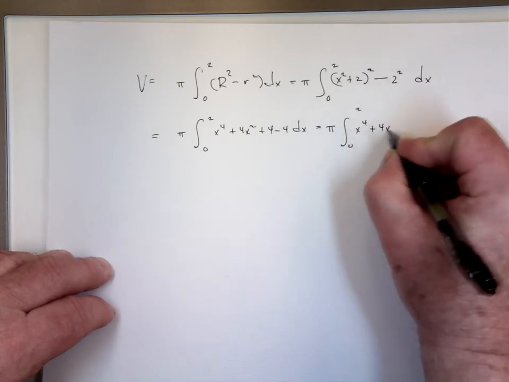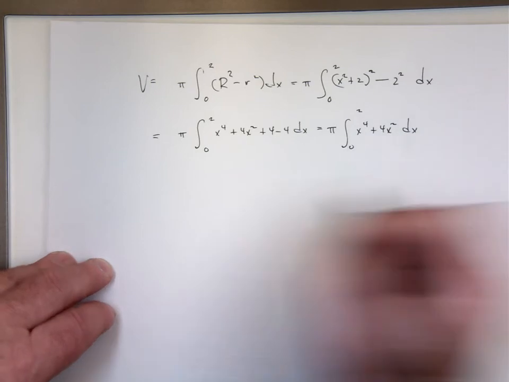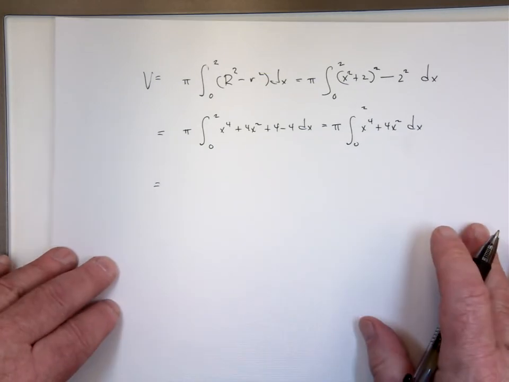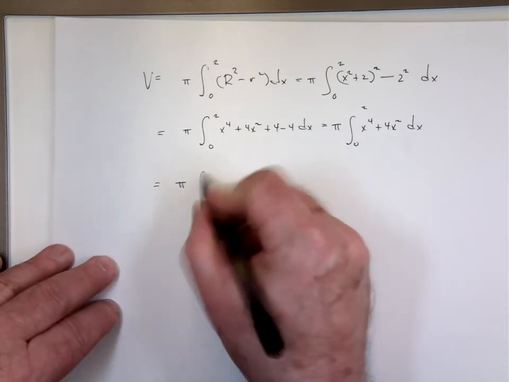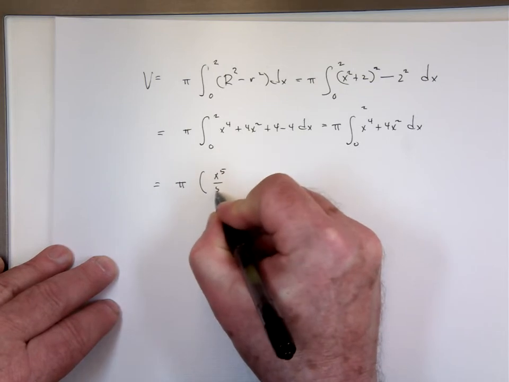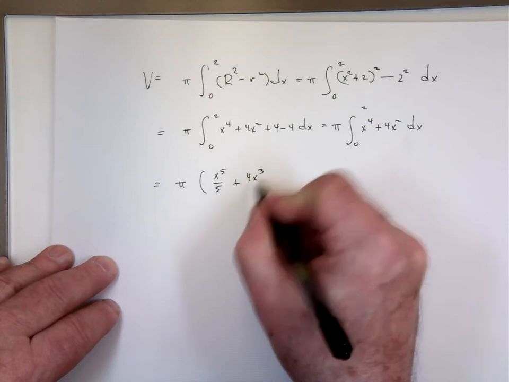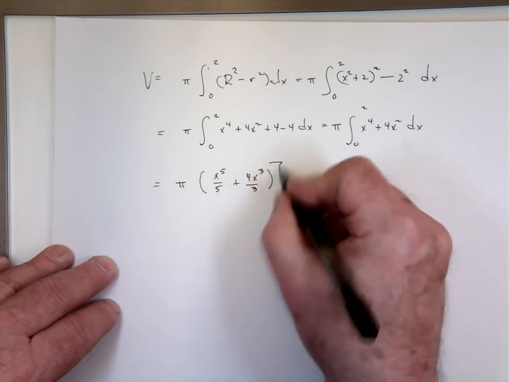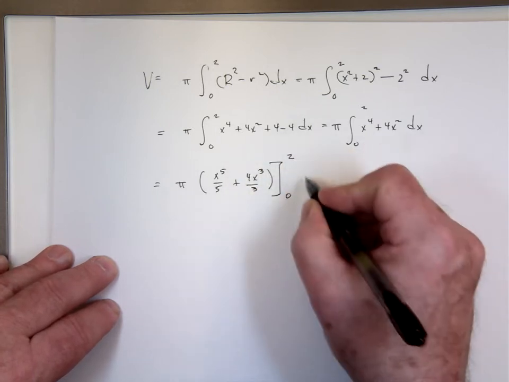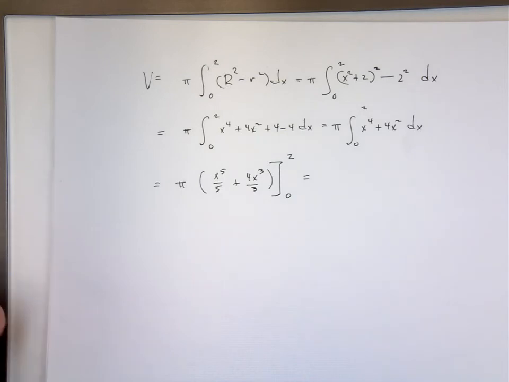That's equal to pi times x to the 5th over 5 plus 4x cubed over 3, from 0 to 2.